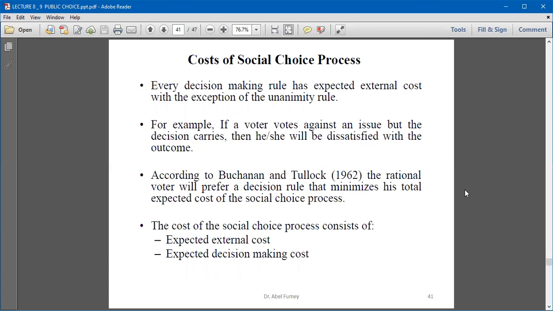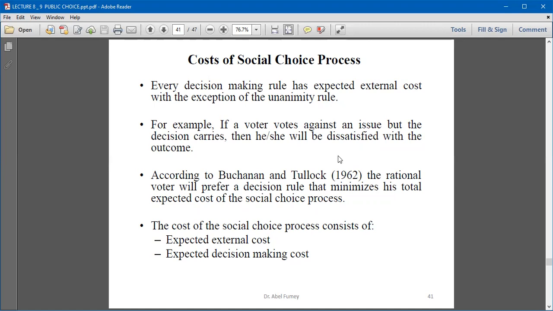The external cost is the cost that a voter will have to incur because of the decisions of the other voters. Maybe I didn't like those choices, and I will have to bear the consequences of their choices. But for the unanimity rule, we have all come together to agree, so there's no external cost at all.